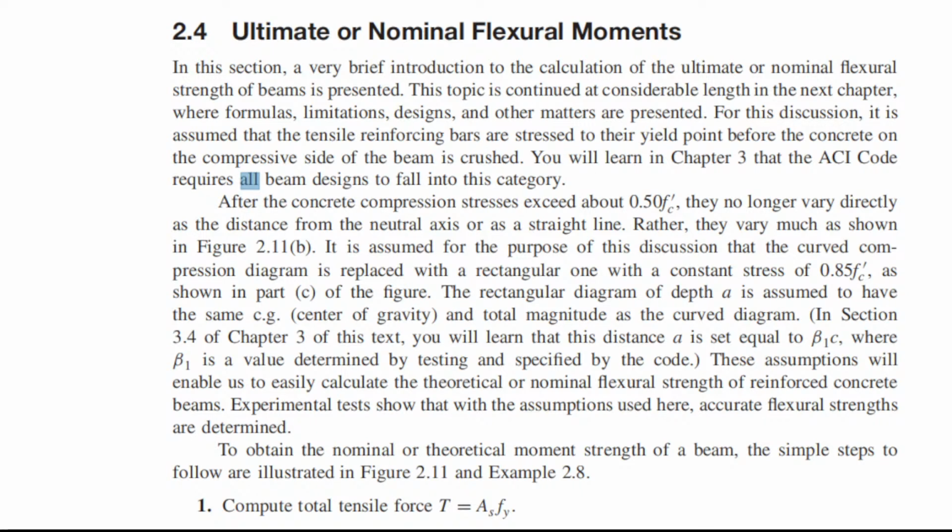Now, after the concrete compression stresses exceed about 0.5 f'c, please be reminded or even memorize this one, very important. If the compression stress exceeds 0.5 f'c, the stresses no longer vary directly as the distance from the neutral axis, or as a straight line.